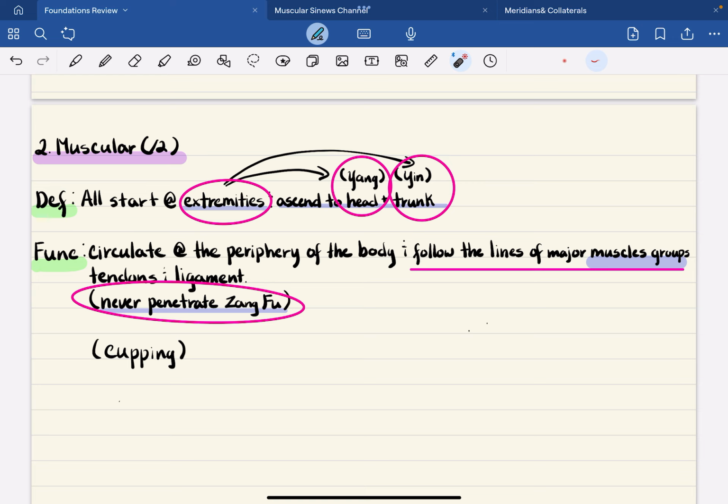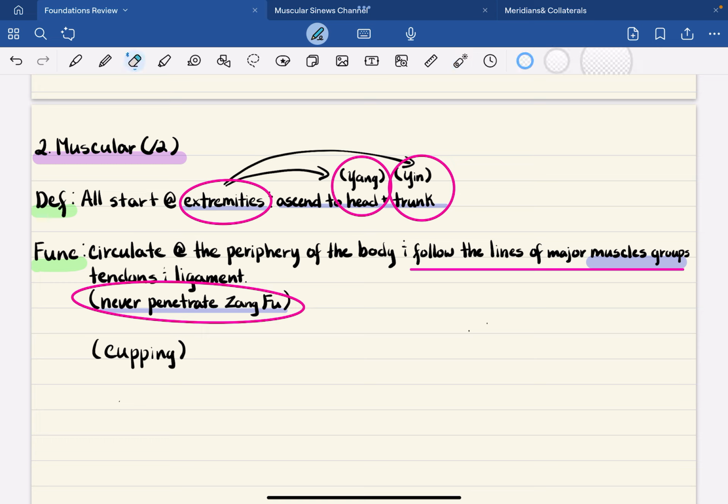And all the yang channels go to the head, and all the yin channels eventually go to the trunk of the body. Okay? So it's always the fingers and then the toes, no matter where they may be, right?